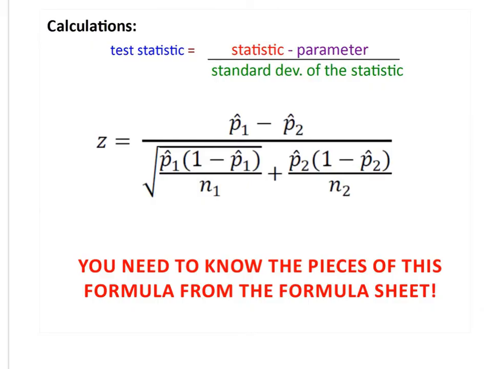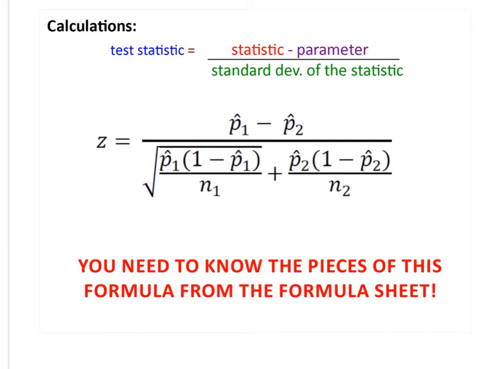So this is the do step for a significance test for two proportions. Pause the video, write this down, and then we'll go over it. Okay, now that you paused and you're back, we're looking for the test statistic, or standardized test statistic, and it's always this format. This is on your formula sheet: statistic minus parameter divided by the standard deviation of your statistic.